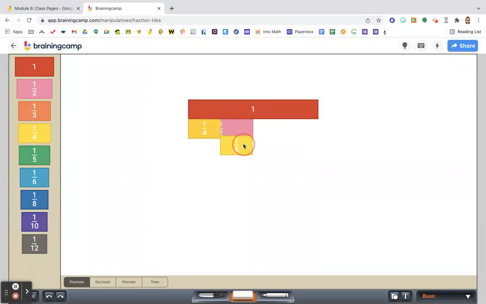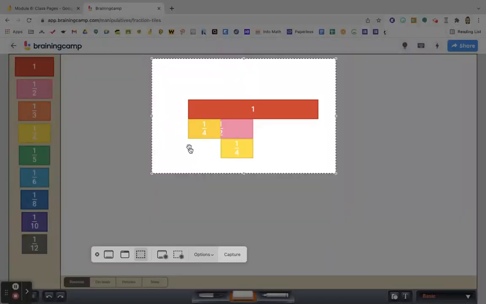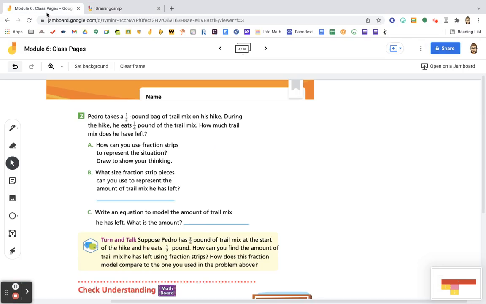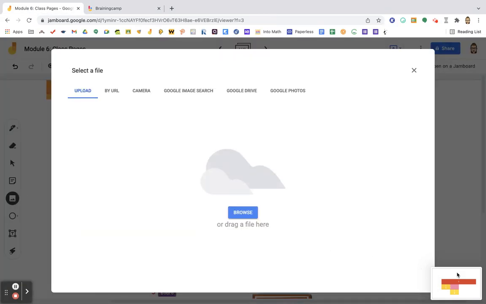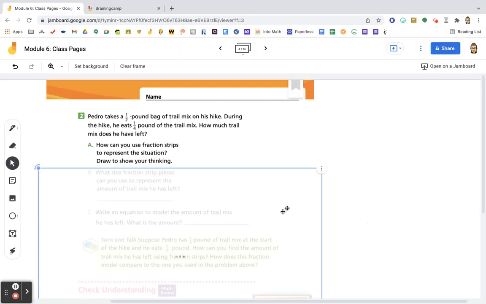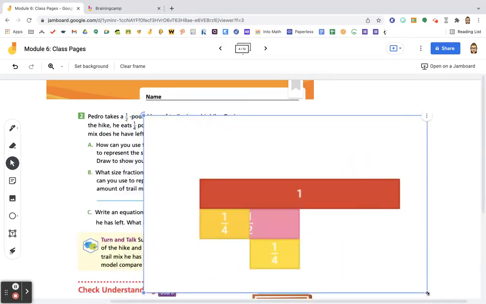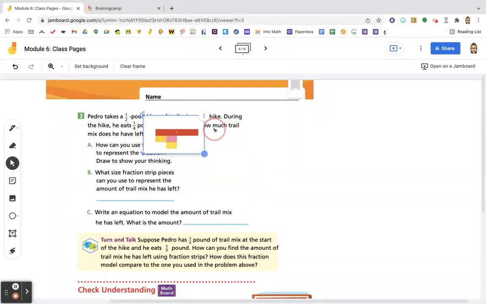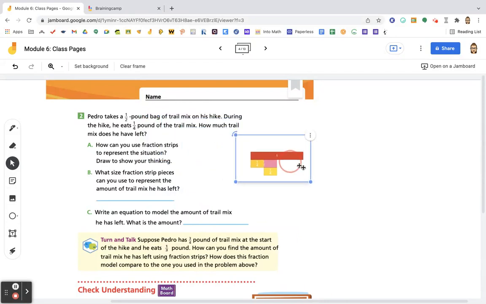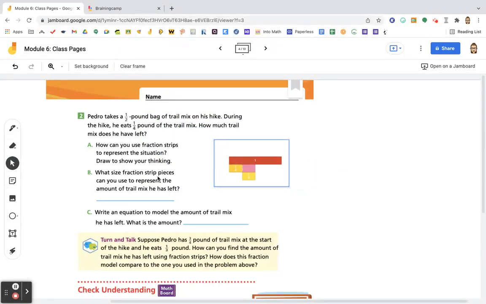Oh look, 1/4 would show it. So this is what we can draw. And then it says, what size fraction strip pieces can you use to represent the amount of trail mix he has left? Well, we can use the 1/4 strip.